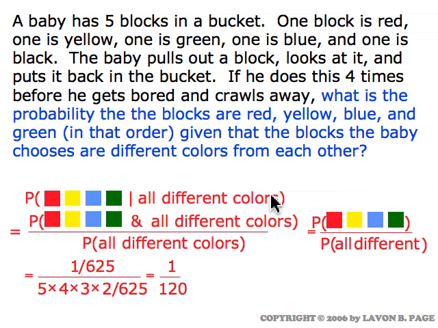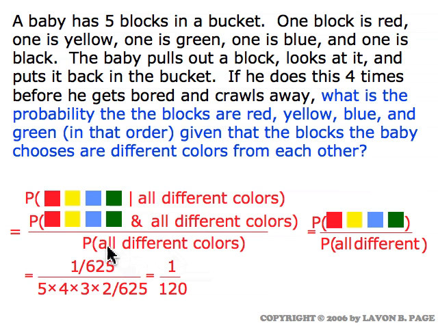Now, in the numerator, saying that we have this particular color sequence and all different colors, of course, reduces to just saying that we have this particular color sequence, because obviously if you have red, yellow, blue, green, then you have 4 different colors. So the numerator reduces simply to asking what's the probability of this particular sequence. And we know that that's 1 over 625 because this color sequence is only one of the 625 possible outcomes.